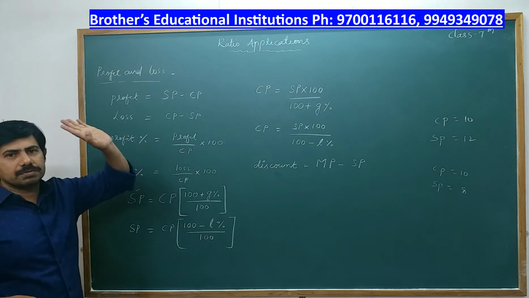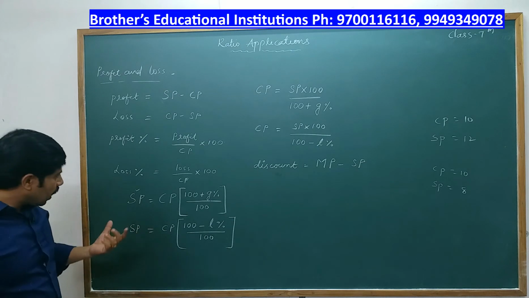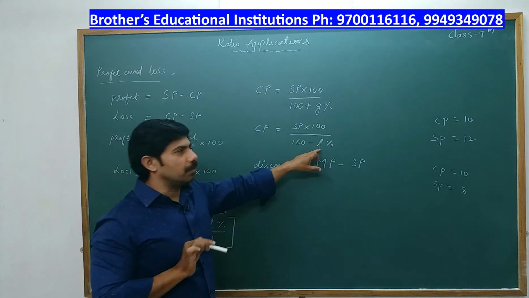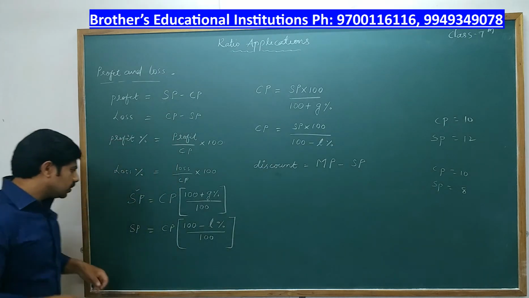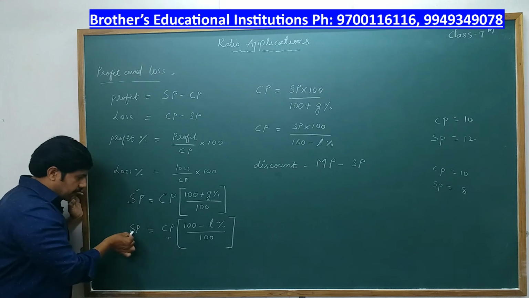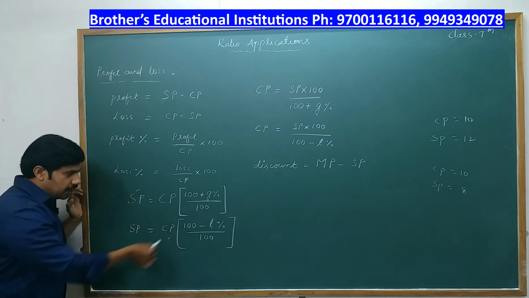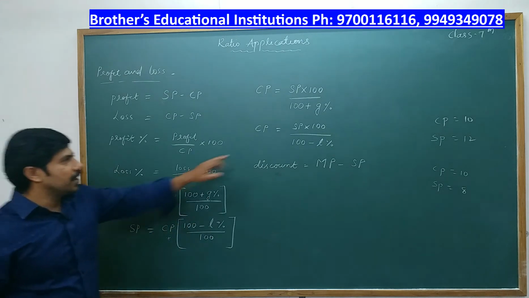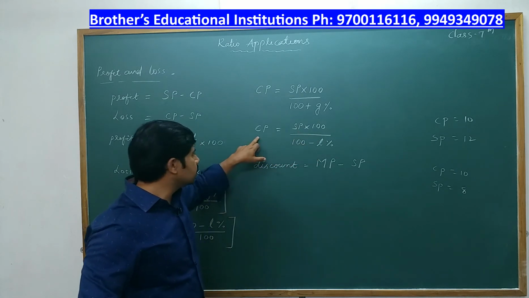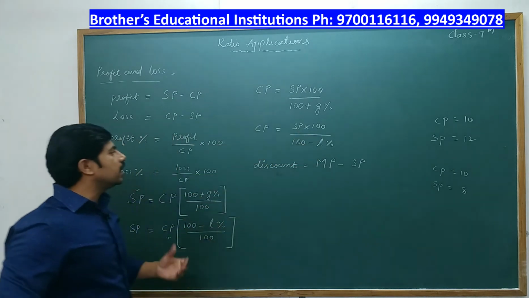So this is cost price. Then again, cost price we have to find out when the loss percent is given in the problem. From here only I am getting this. So cost price is SP into 100 by 100 minus loss percent. This is CP.